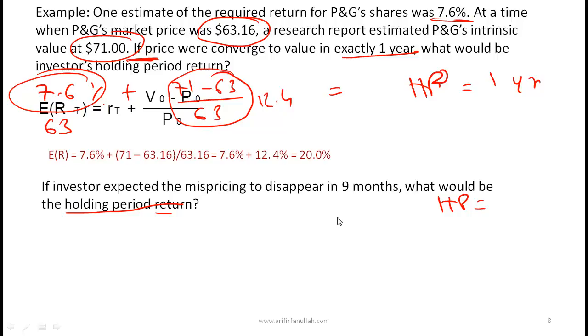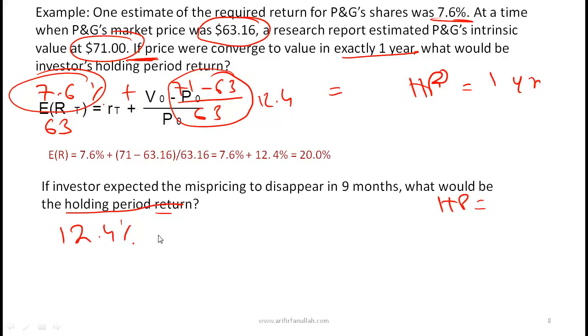Okay, so if the mispricing is corrected in 9 months, the component of the return from the mispricing is 12.4%, but this 7.6% is your return over a year. So if that is the return over a year, the return over 9 months will be less. It will be 5 point something.